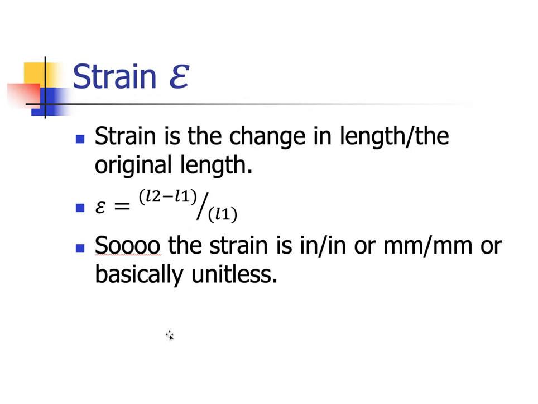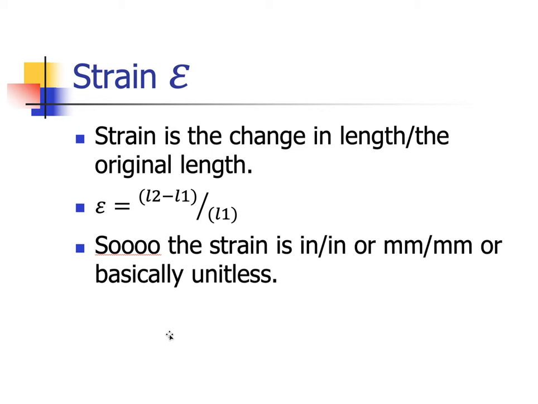Strain. What is strain? Now, when I pulled on the first 2 wires, you probably saw them elongate slightly before they broke. So the strain is the change in length of a rod or bar or whatever it is.